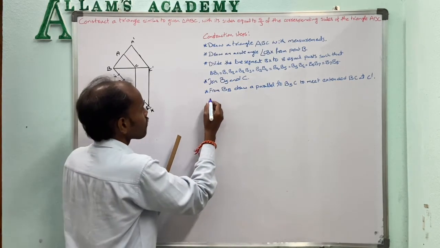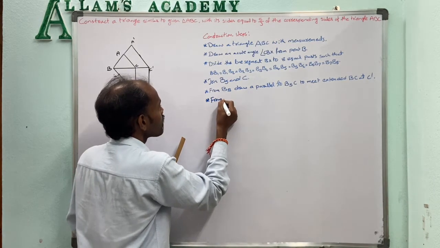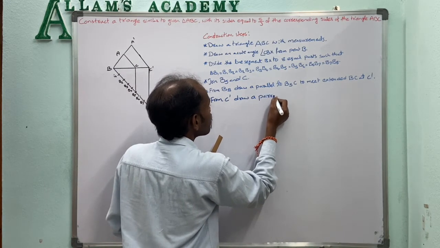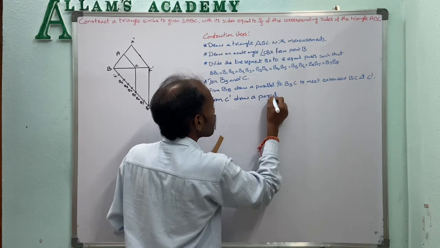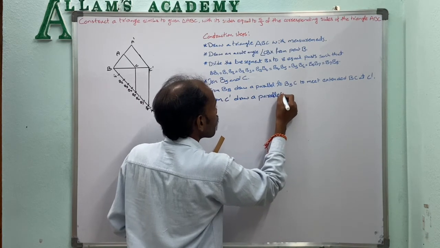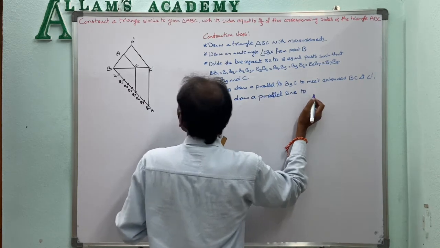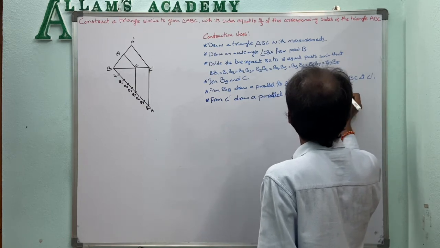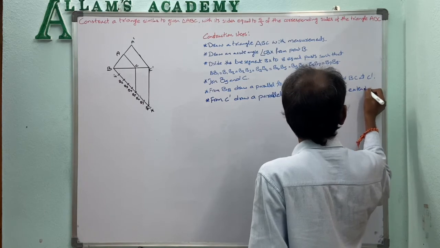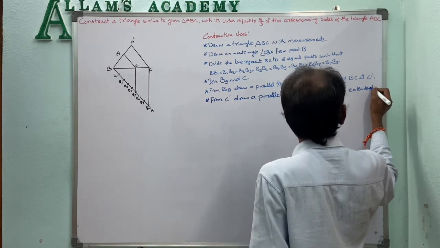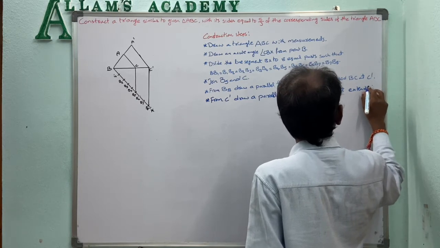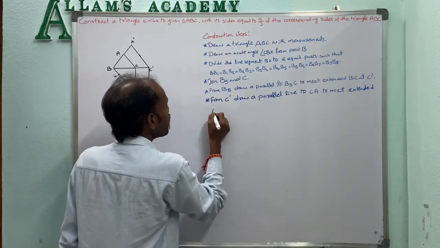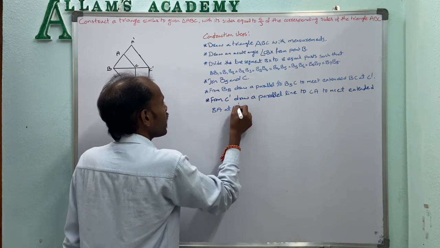Okay, so from C dash draw a parallel line to CA to meet the extended BA at A dash.